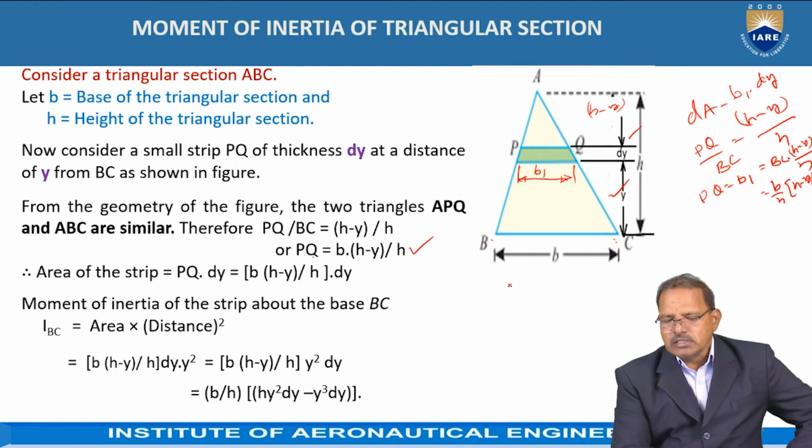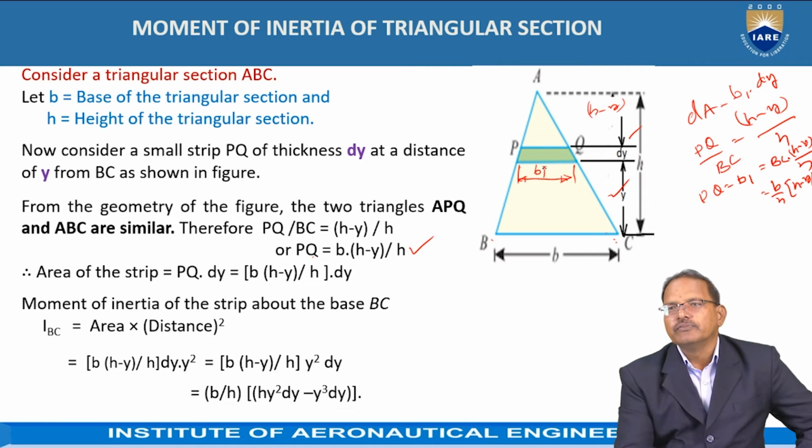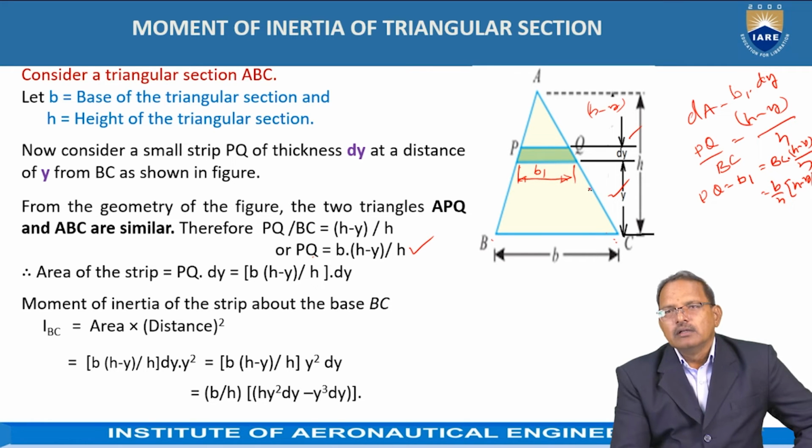Now the area of the strip is equal to this length PQ multiplied by its thickness, that is b1 into dy, which is b by h, h minus y into dy.